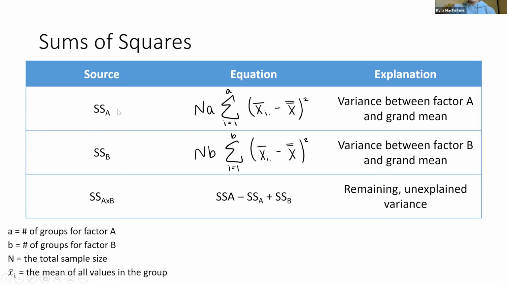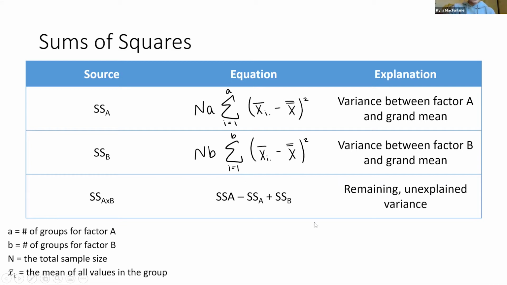Sum of squares A is looking at the variance between factor A and the grand mean. Sum of squares B is looking at the variance between factor B and the grand mean. So the mean of each group in A compared to the grand mean, and the mean of each group in B compared to the grand mean.